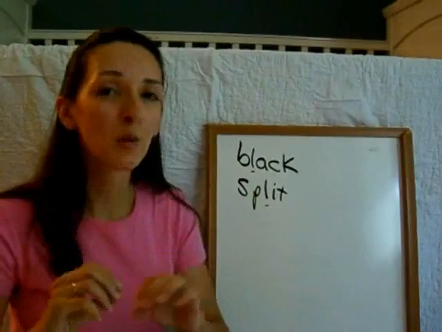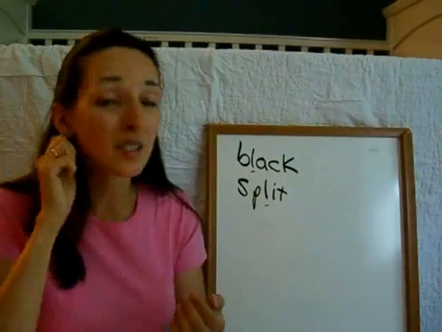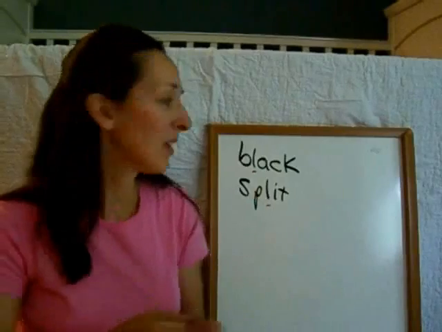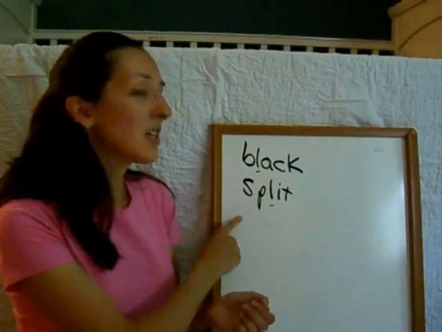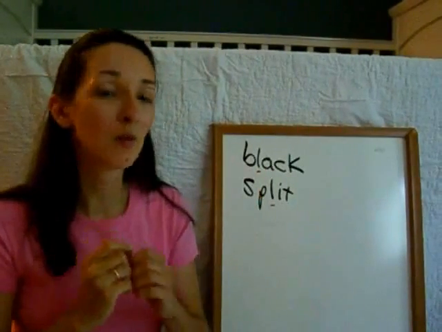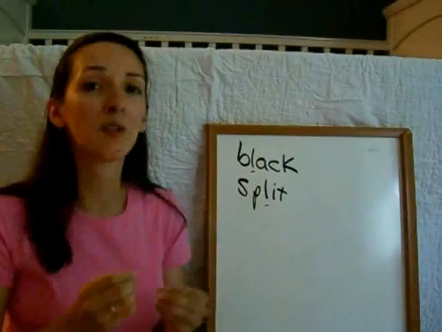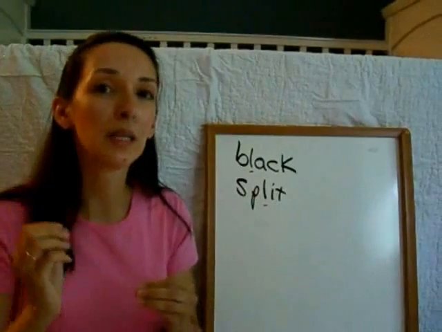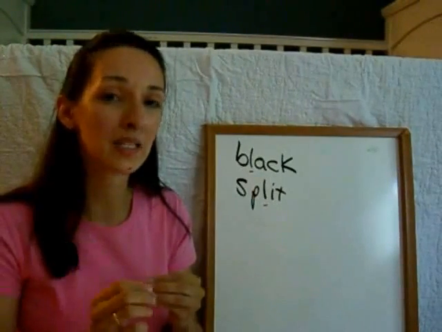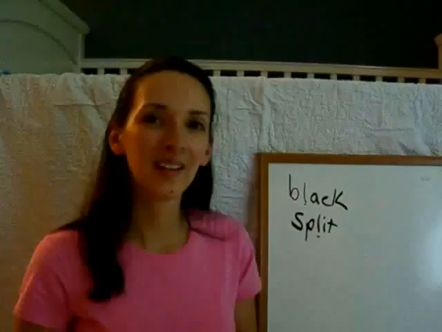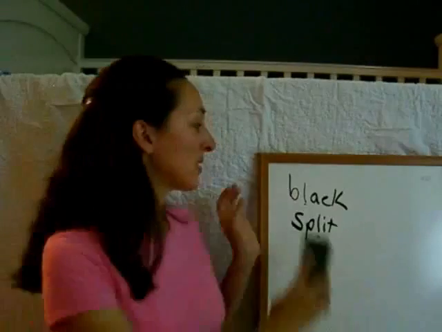If you try to say the word too quickly, your listeners may not hear the L. Same thing in split. Take the time to say the full sound, L, before you get into it. Split, split. Okay? Now here's an interesting point.